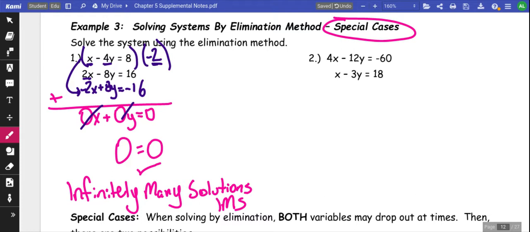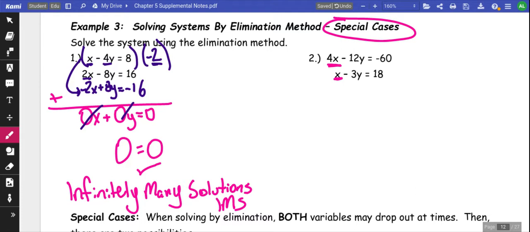All right, again, I'm looking at my plain variable, and I'm thinking, what can I multiply that by so that I can cancel it out with my other equation? I've got plain x, and I've got 4x over here. What can I multiply that equation by so that I end up eliminating it?